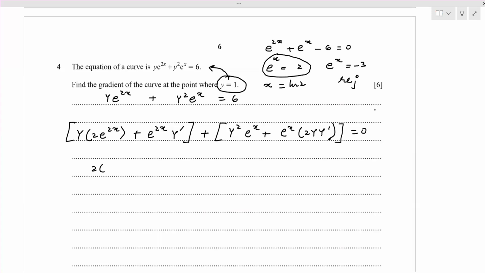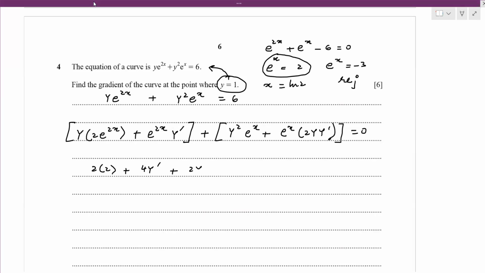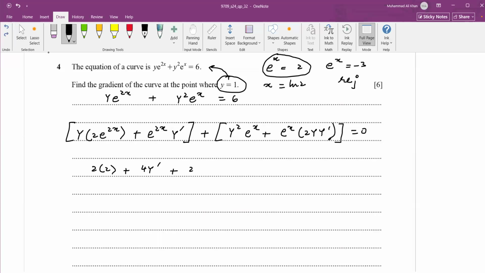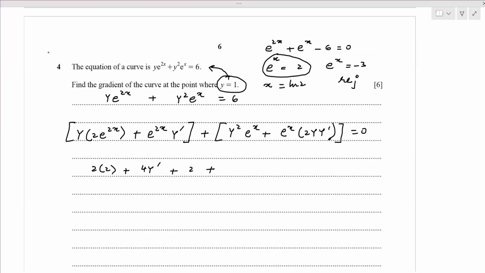Here it is 2 into 2 plus 2 squared, which is 4, y dash, plus 2y squared, y is 1 so no need to write, plus e power x, which is 2. So 2 twos are 4, y dash equals 0. 4y dash plus 4y dash is 8y dash equals, 2 twos are 4 and 4 plus 4 is 8.